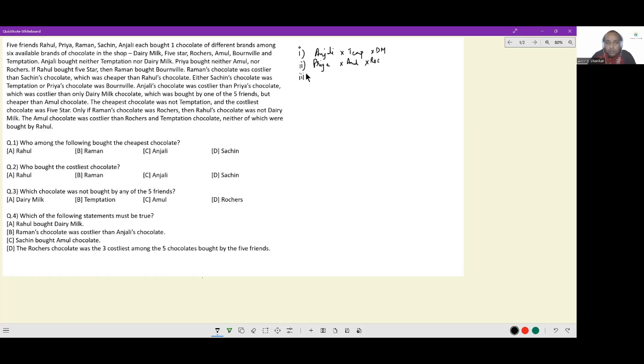The third point is, if Rahul bought 5-star, then Raman bought Bournville.